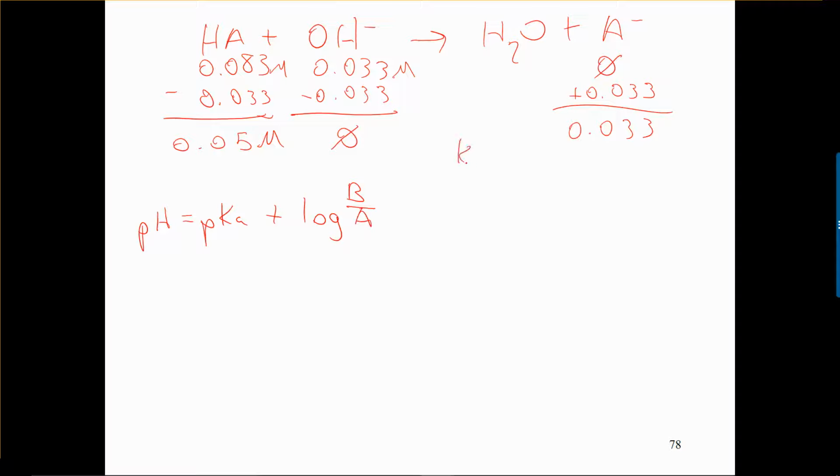The Ka equals 1.8 times 10 to the negative 5, so pH equals 4.74 plus the log of 0.033 over 0.05.